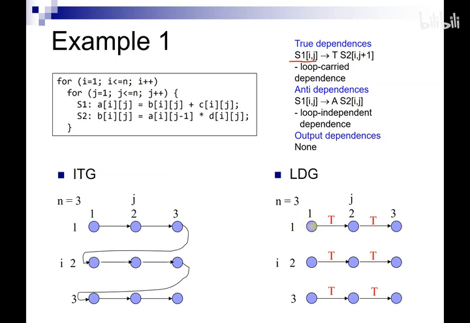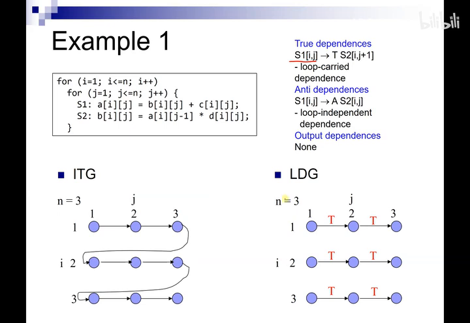So for each I, we have some loop carry dependencies in the J loop, but we don't have any dependencies in the I loop. If you look at all of these dependencies, none of them involve the I loop. And so our LDG is going to look like this, and we have 3 components in this LDG, and each of these components can be mapped onto a different processor.